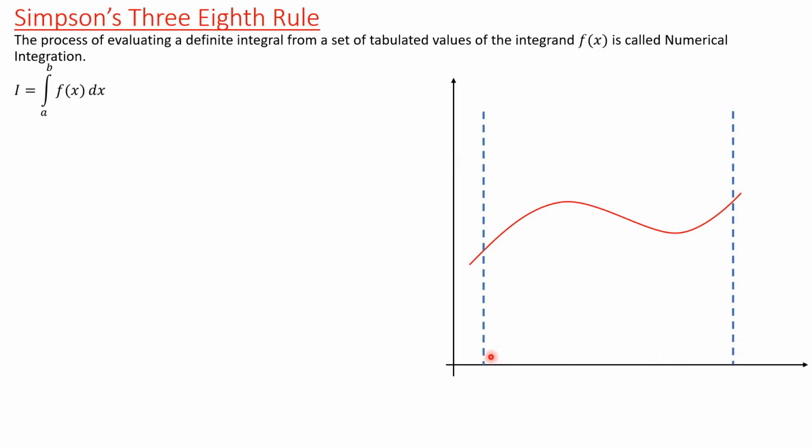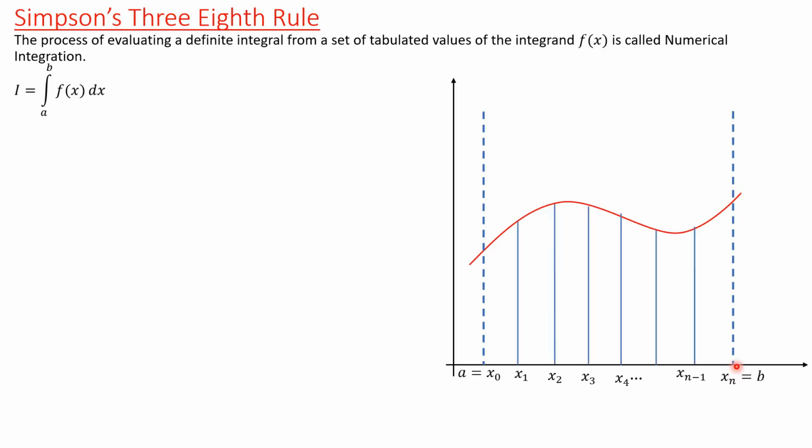So we will split this interval from a to b into n equal parts. Here the distance between x0 and x1 is h, x1 to x2 is h, like this all are equidistant points. These are the corresponding values of y.